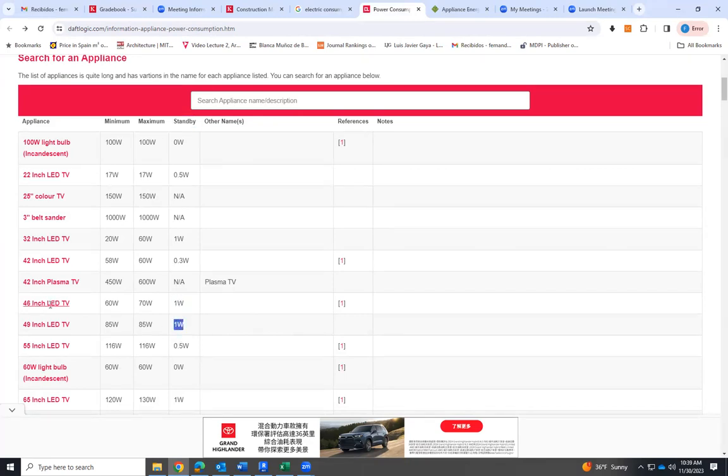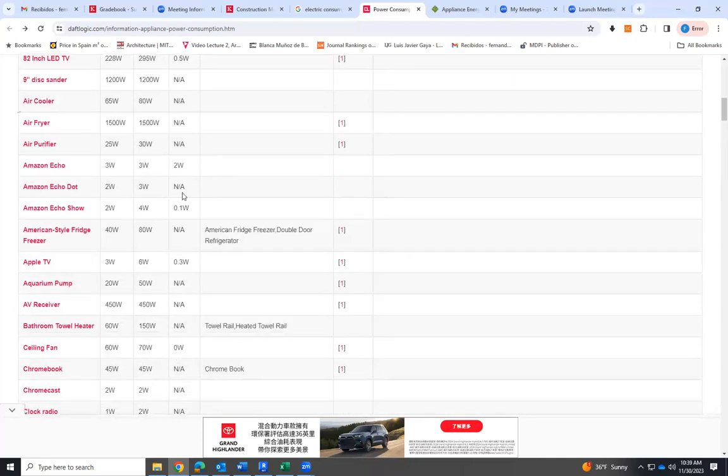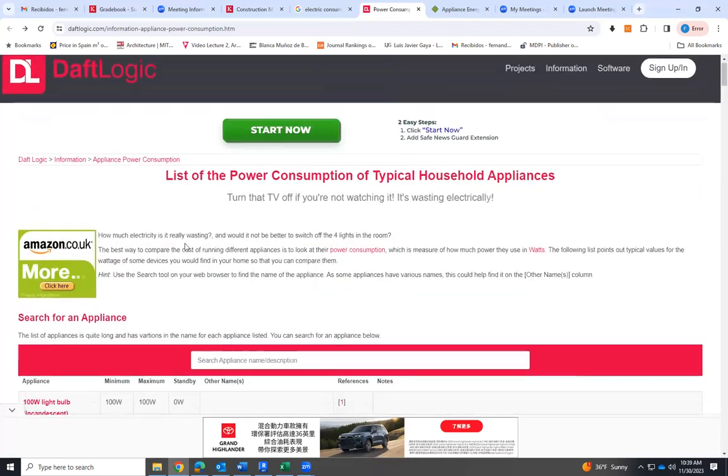Okay, so we have a LED TV on standby. It's consuming some power, not a lot, but if you add everything up, it makes a difference. You see that some of the elements don't have this standby consumption, but some other elements do. Anyway, we're not going to do that.